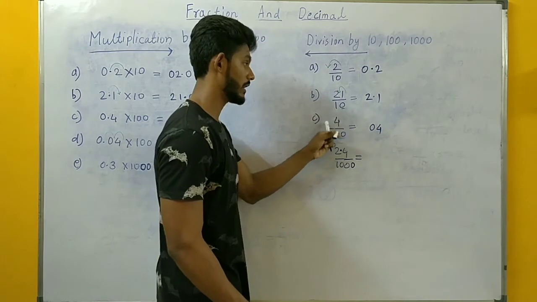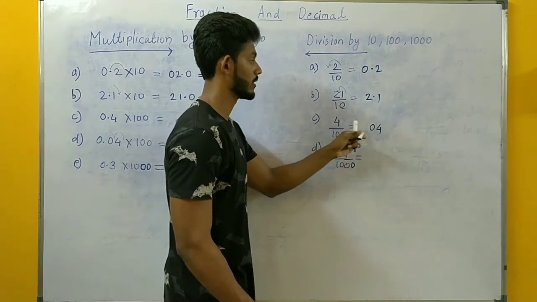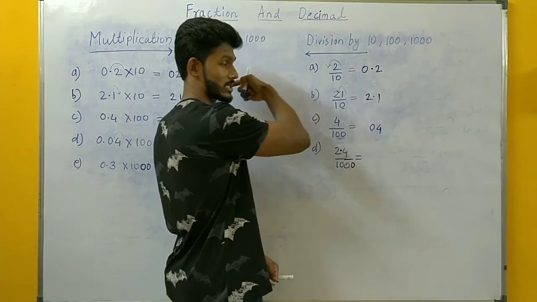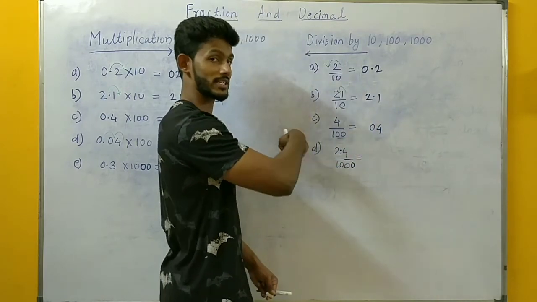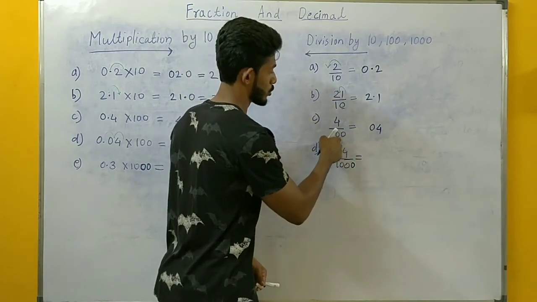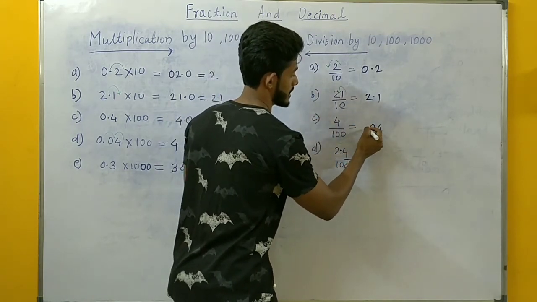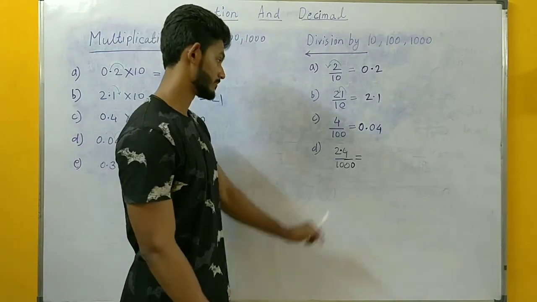Remember, we will not change the meaning of this number. This is 4. We are not going to make it as 40. We are moving towards the left hand side. That's why we are going to take 0 towards left hand side only. Now let's move 2 digits from over here. Then I will get my decimal point over here and my answer will be 0.04.